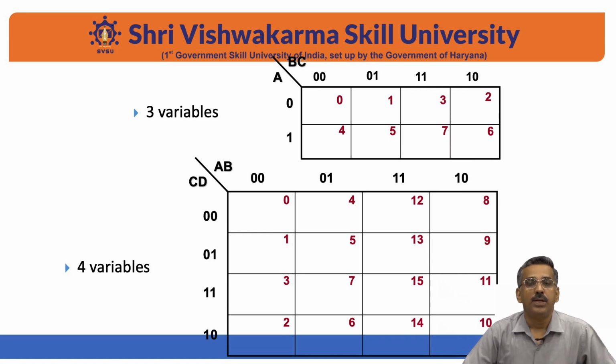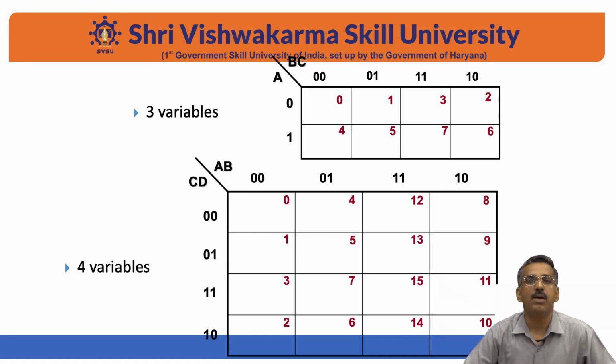Now, let us take another case. If the variables are 4, there will be 16 cells which club together to give the Karnaugh map table, which can be shown like this. In this case, we have taken 2 inputs across the y-axis and another 2 inputs across the x-axis, like 00, 01, 11 and 10 toward the x-axis.